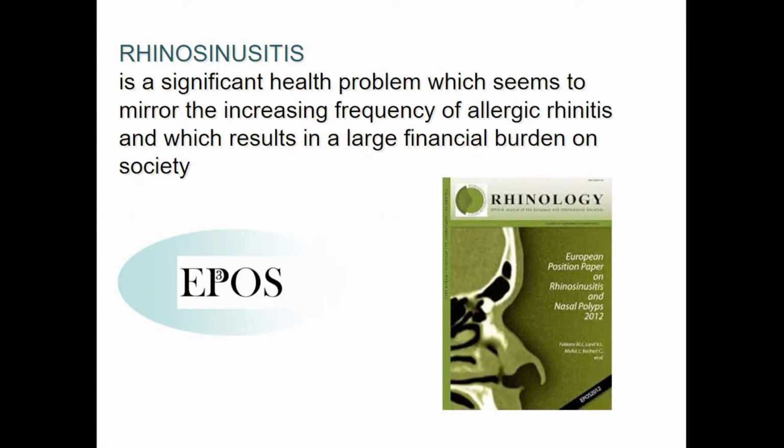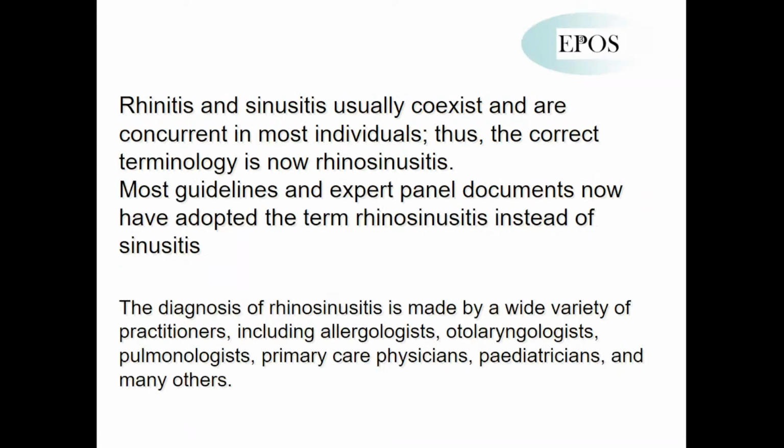So, what is rhinosinusitis? Rhinosinusitis is a significant health problem which seems to mirror the increasing frequency of allergic rhinitis and which results in a large financial burden on society. Rhinitis and sinusitis usually coexist and are concurrent in most adults.